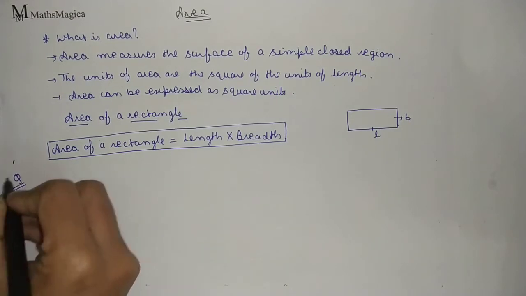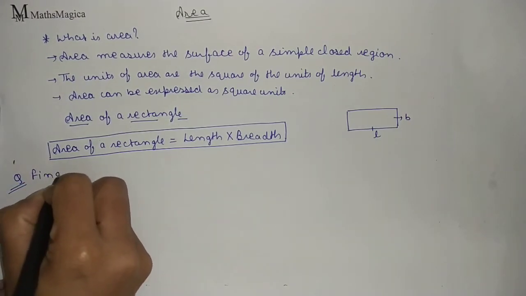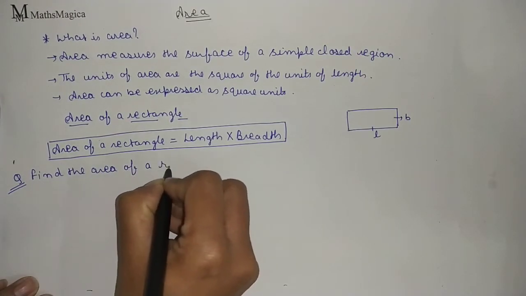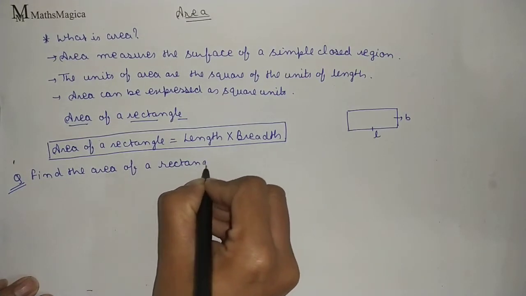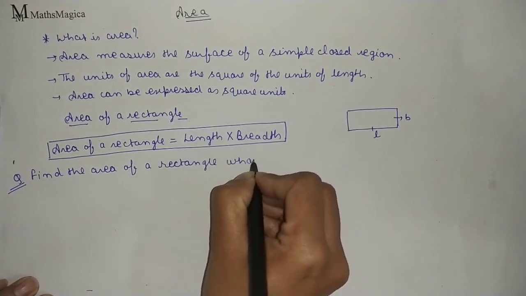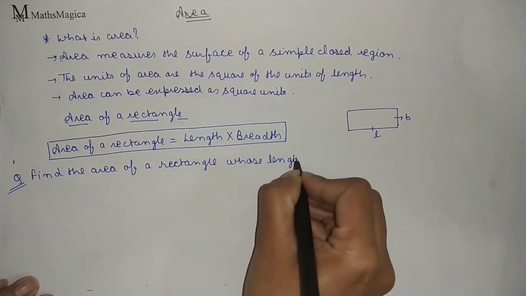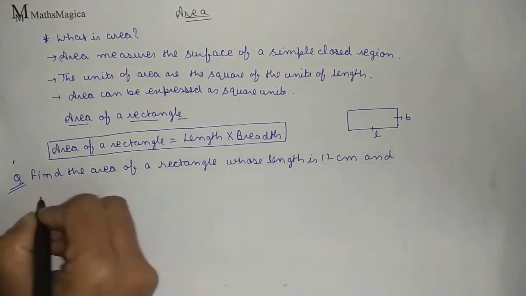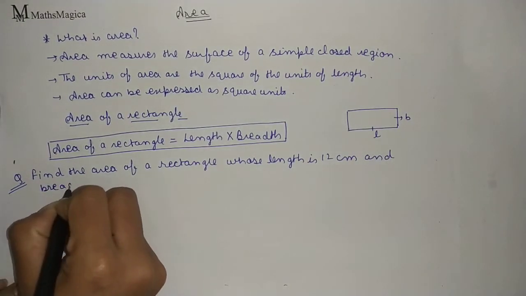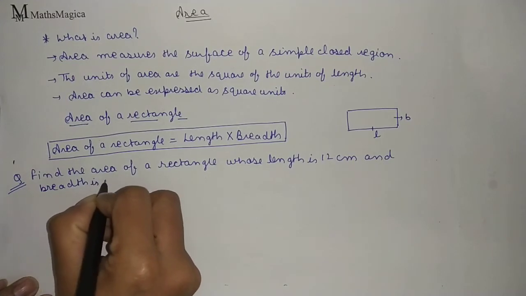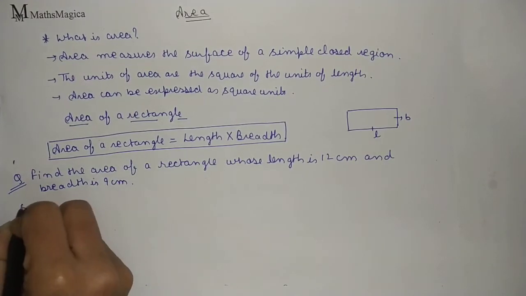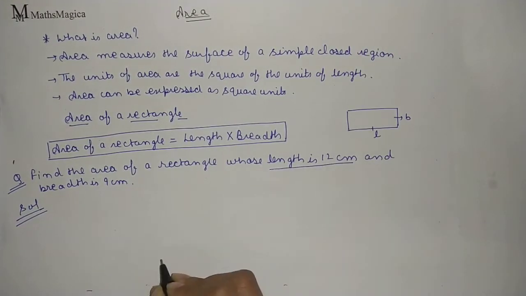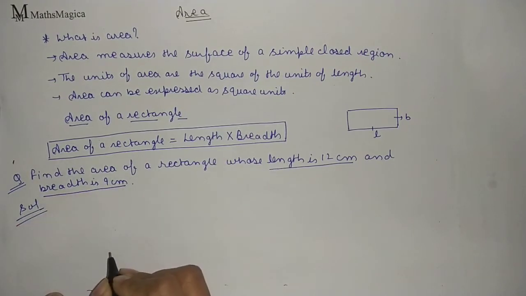Now the question is, find the area of a rectangle whose length is 12 centimeter and breadth is 9 centimeter.